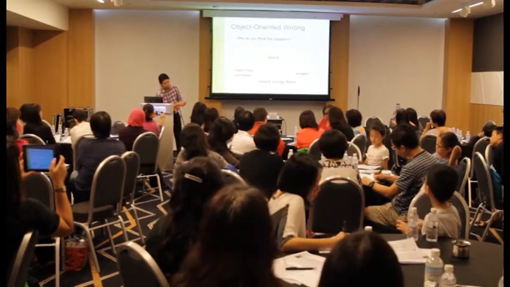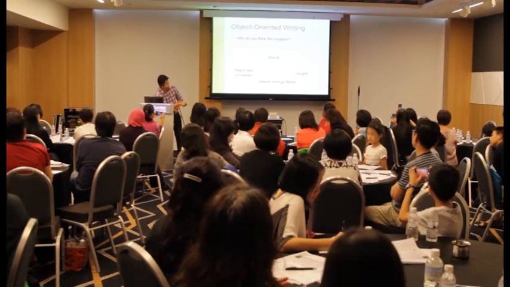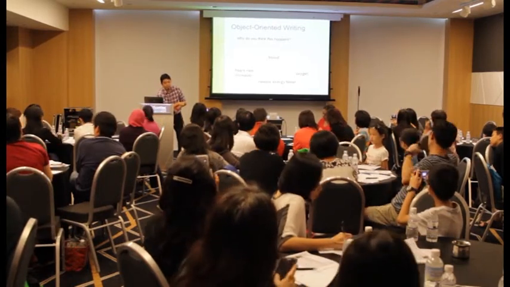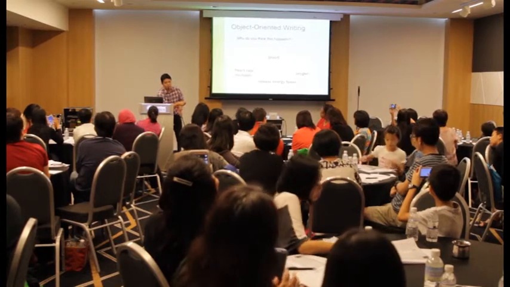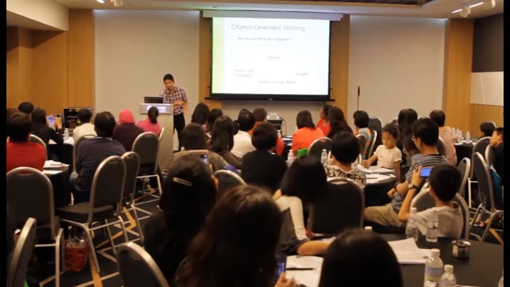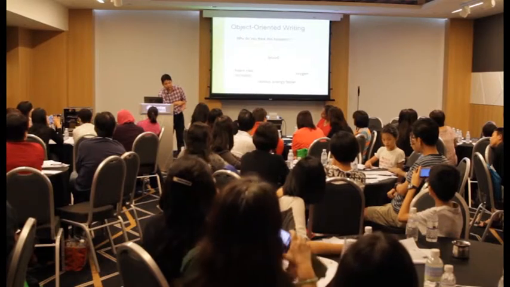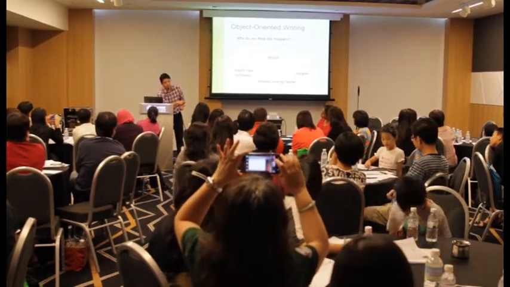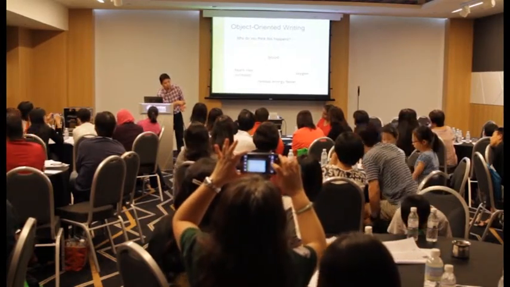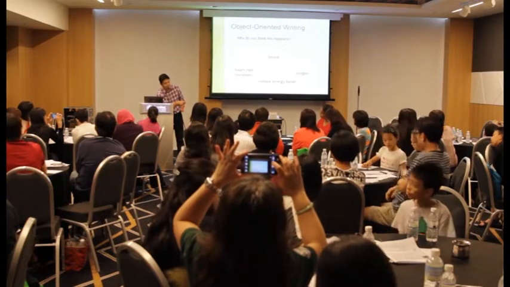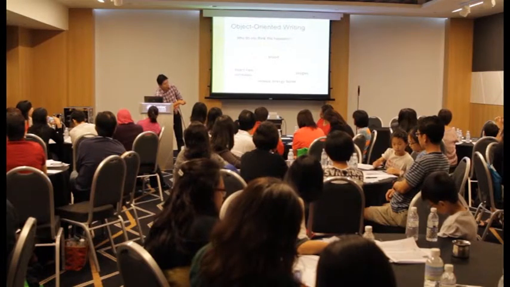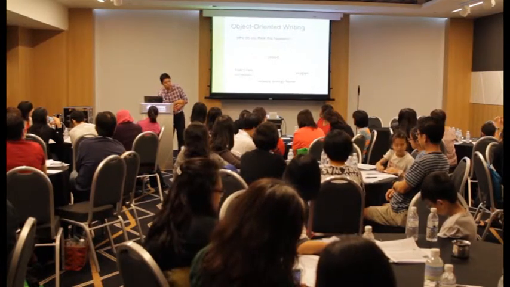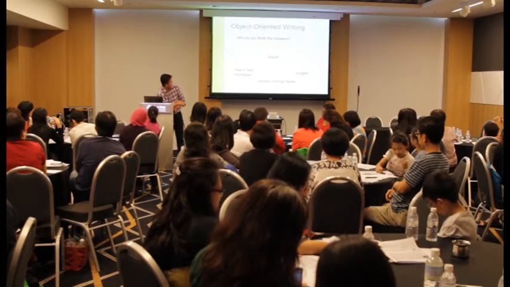Once you have all these words, they're either phrases or words, and in many of the children's answers, they have to use nouns. They have to use words that talk about objects, right? So that's why we try to link up all these objects, and why this strategy is called object-oriented writing.